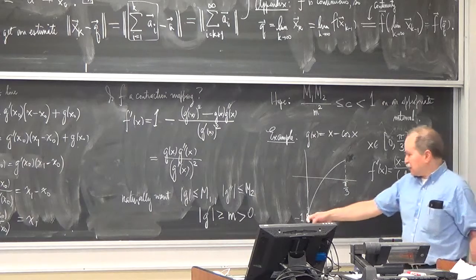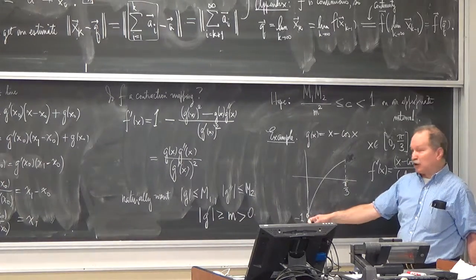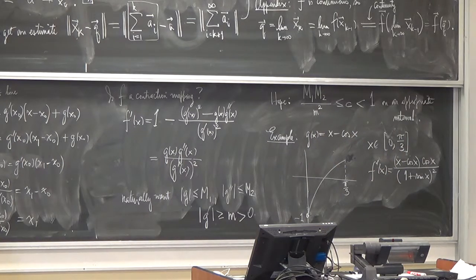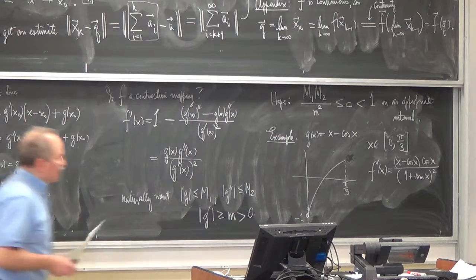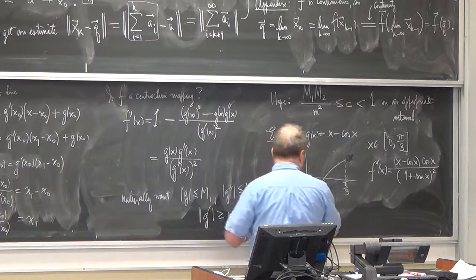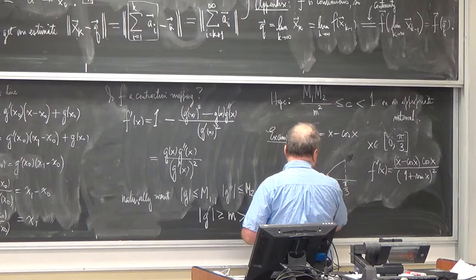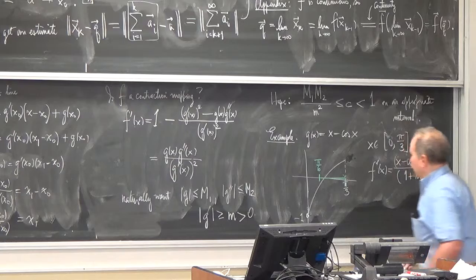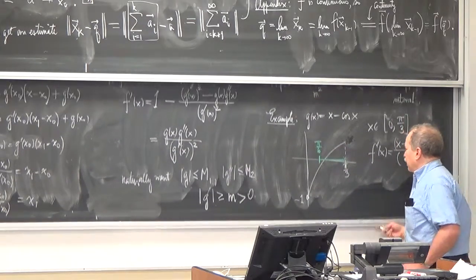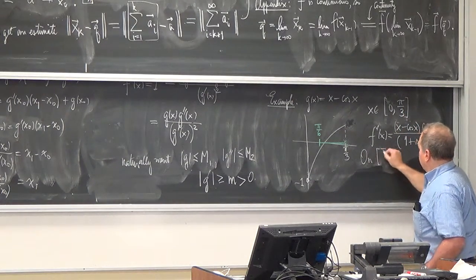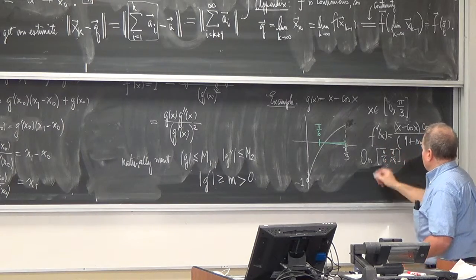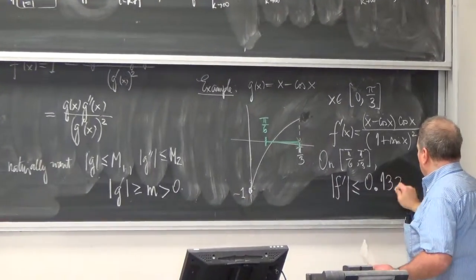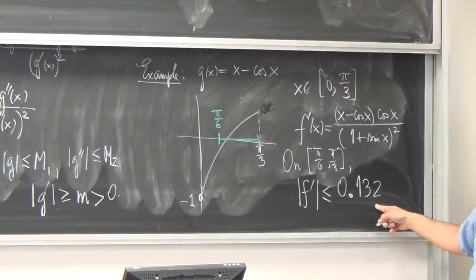So this is bad, right? Because the magnitude of f prime is 1 if you include 0. So you don't want to apply Newton's method starting at 0 with that function. You want to stay away from 0. And in fact, my picture here is off. But if I took pi over 6 here and looked at this interval from pi over 6 to pi over 3, then it would be relatively small, and in fact, the absolute value of f prime is less than 0.0132, which is definitely less than 1.